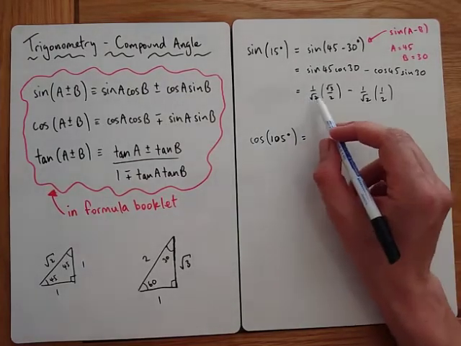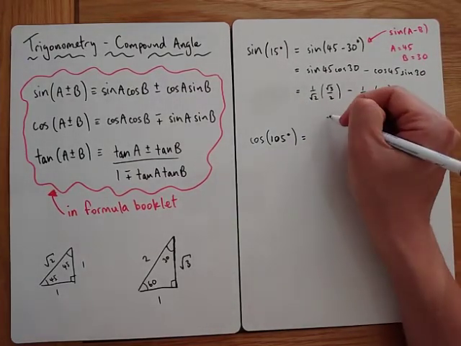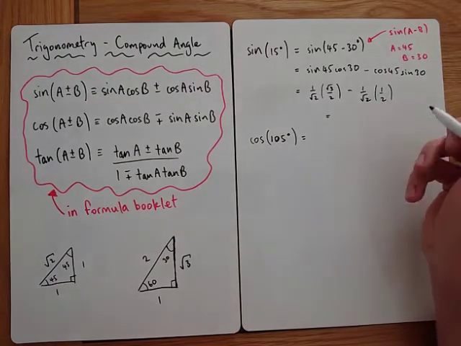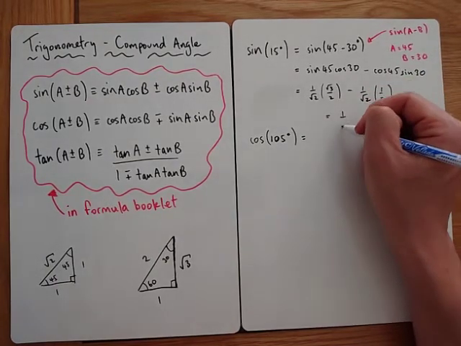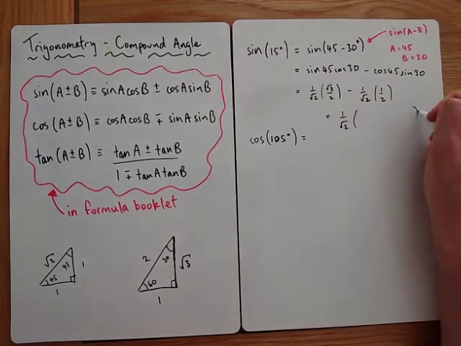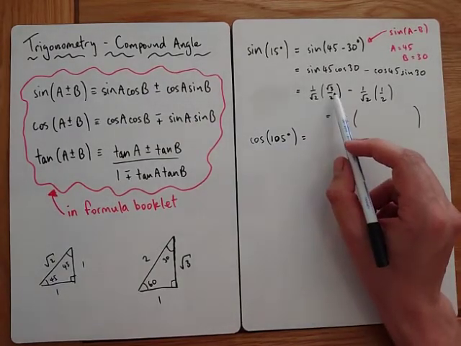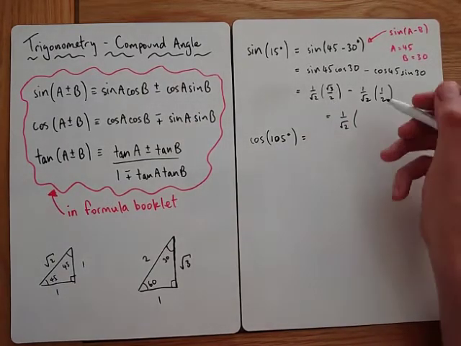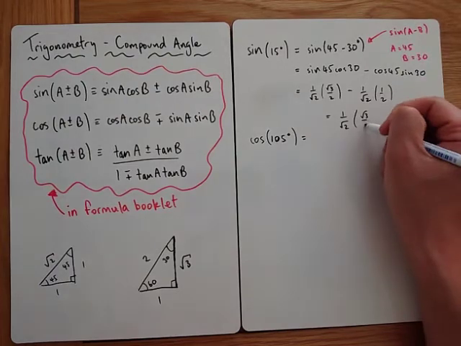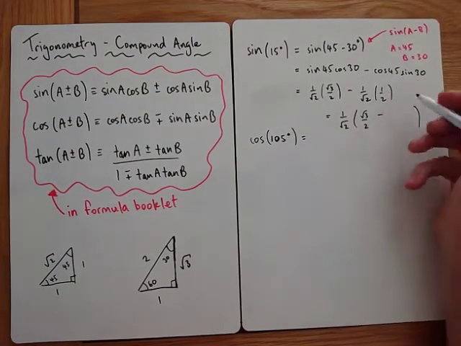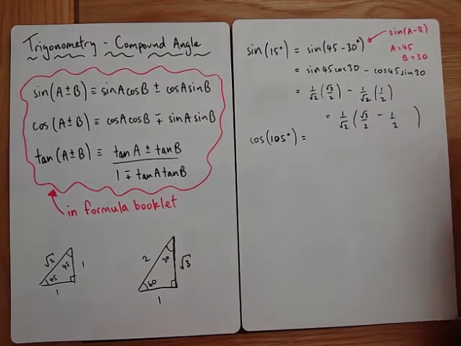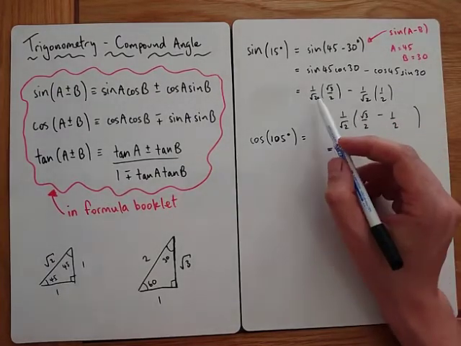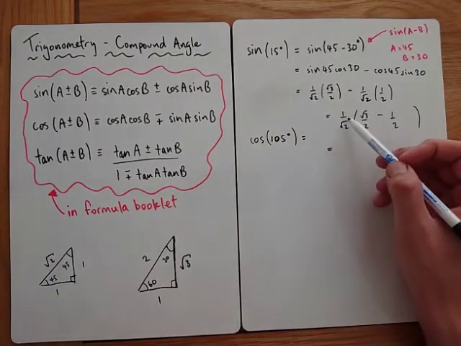You notice that we can take a common factor of 1 over root 2 out. And that would leave me with root 3 over 2 minus 1/2. I probably could have rationalised this straight away, but I'm going to rationalise it now.